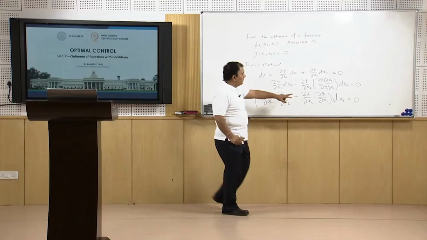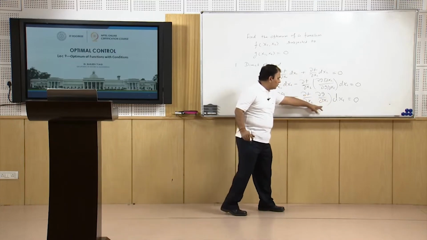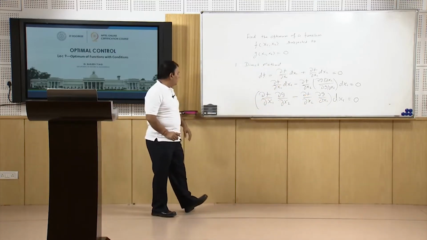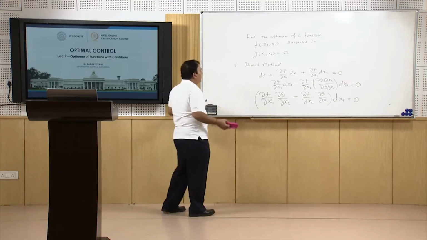Now in this case my dx1 is arbitrary. So, the coefficient related to dx1 will be 0.